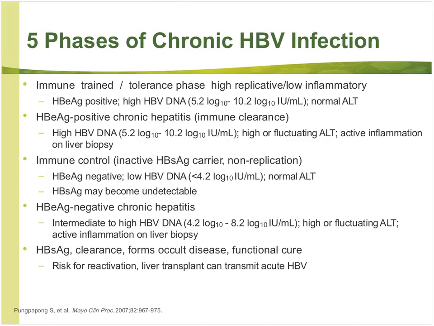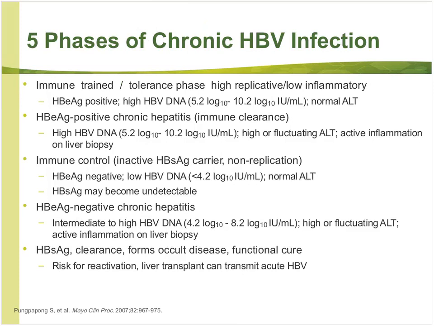Now this is a slide that talks about the 5 phases of chronic hepatitis B. I'm not going to read through each one of these bullets because this is fairly complicated, but there's this early phase that we call high replicative, low inflammatory, normal ALT, low ALT, high HBV DNA. We used to call this immune tolerance, but it's really not a tolerant phase.